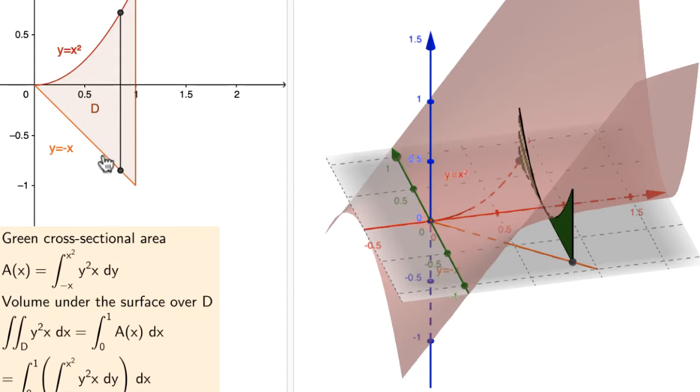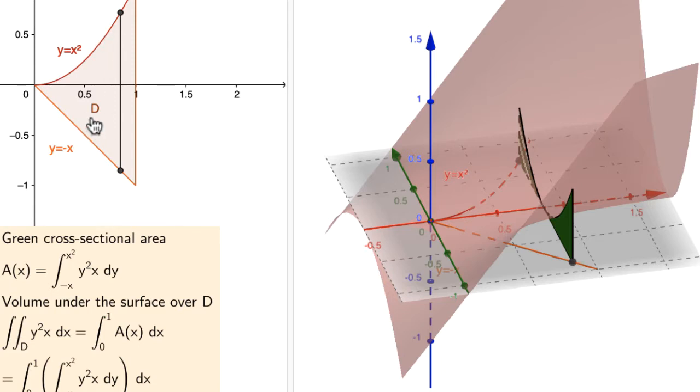So the region of integration here is the region between the line y equals -x, the parabola y equals x squared, and the vertical line x equals 1. So it's almost a triangle, but one of the sides is more like a parabola rather than a straight line.